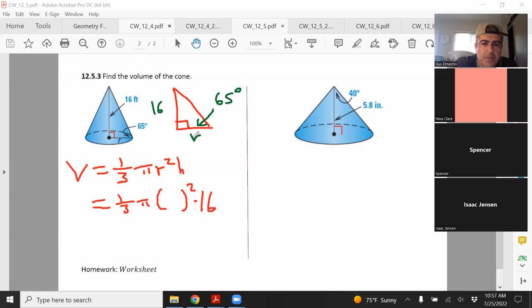That's r. Hopefully you remember your trig. Tangent of 65 degrees equals 16 over r. Multiply both sides by r. Divide both sides by tan 65.